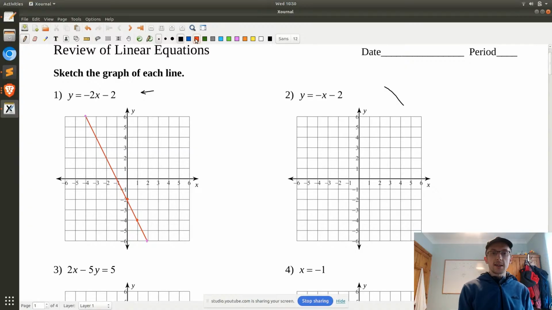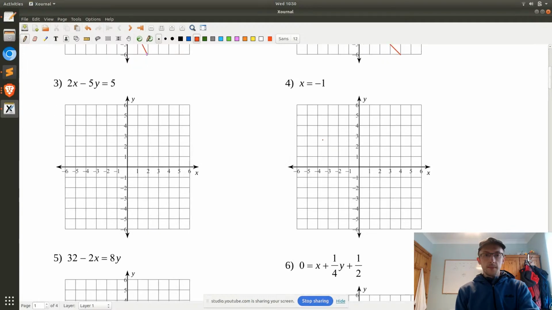It has a y-intercept of -2, just there like that. So we get our ruler tool, and we create it. Just there like that. And that is satisfactory there. Okay.